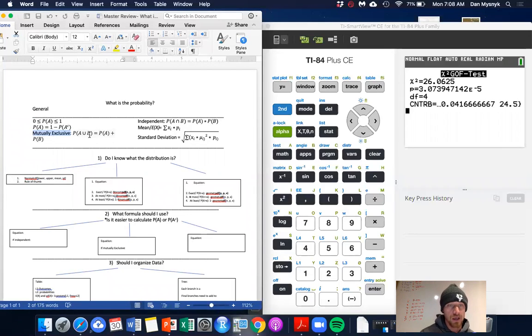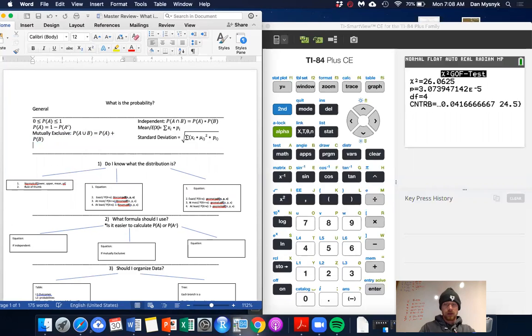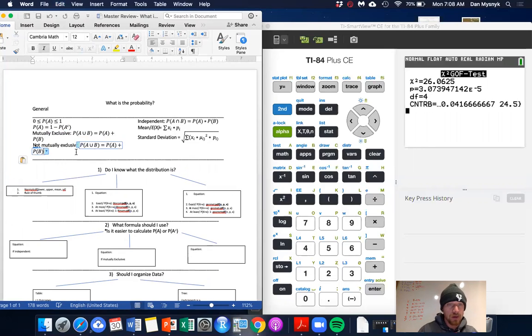So if, remember, A union B, A combined with B, means probability of A plus probability of B. If two events are not mutually exclusive, this becomes the probability of A plus probability of B minus the probability of A and B.